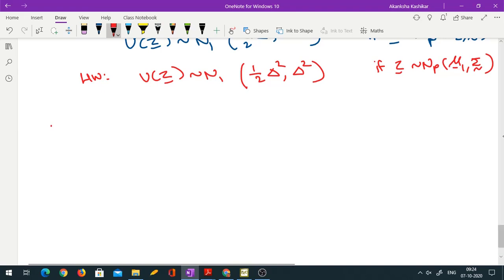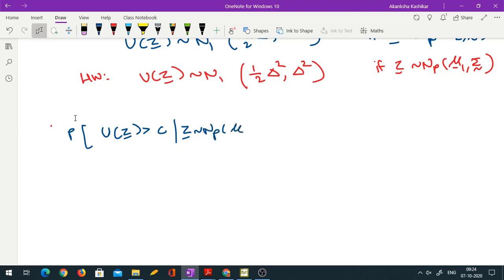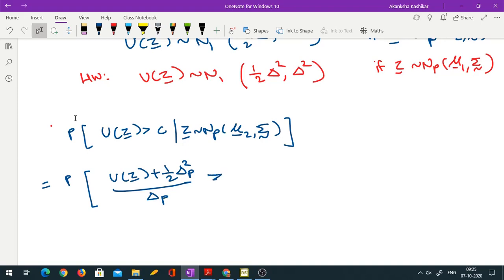The first type of misclassification probability is the probability of uz being greater than c given that z comes from Np(mu2, sigma). So this is the same as the probability of (uz plus half delta square p) upon delta p being greater than (c plus half delta square p) upon delta p. I am converting general normal to standard normal, subtracting the mean and dividing by the standard deviation.